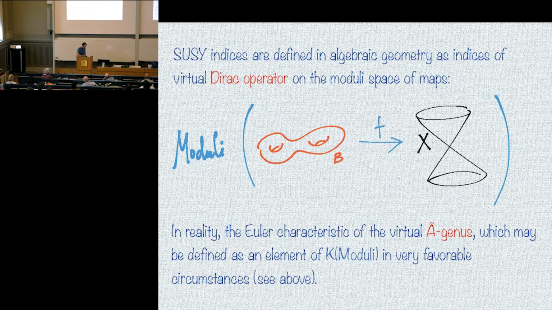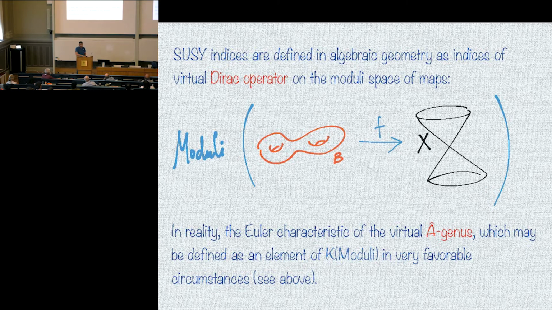And in fact, you don't need to think about the actual differential operator. Since we're computing the index, it's enough to think about the K-theory class, the virtual A genus that is supposed to represent it, which may be defined in the K-theory of these moduli spaces.